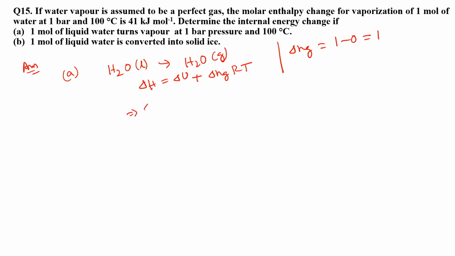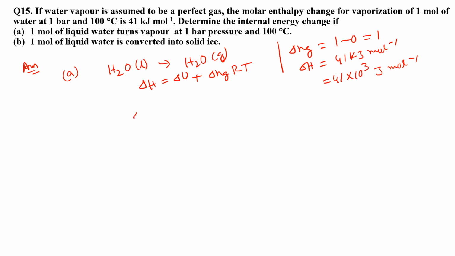Delta H, the heat of vaporization, is given for 1 mole at 1 bar. So delta H is 41 kilojoule per mole, so we get 41 times 10 to the 3 joule per mole.